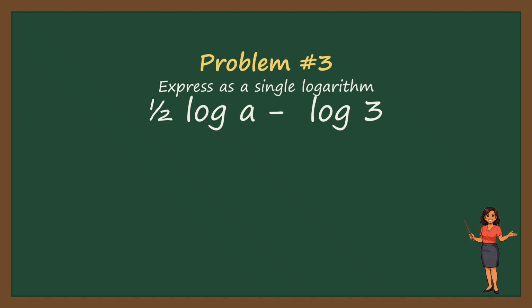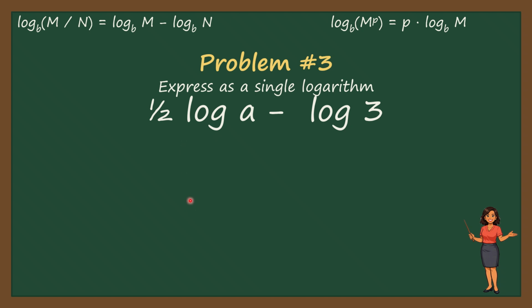Now let's look at problem number 3. We're going to take 1/2 log a minus log 3, and we're going to express it as a single logarithm. So here again, we're going to use the power rule, which states that if you have any value in front of your log, and that's your coefficient, you make that your exponent. And we're going to use the quotient rule, which states that if you're subtracting 2 logarithms, what you have to do is divide.